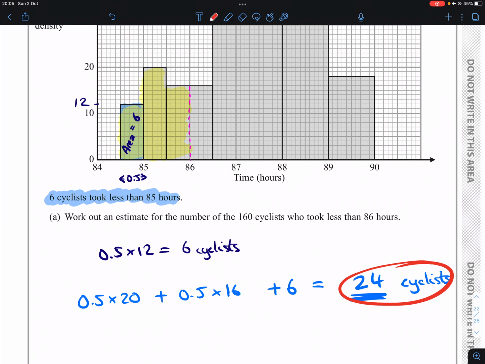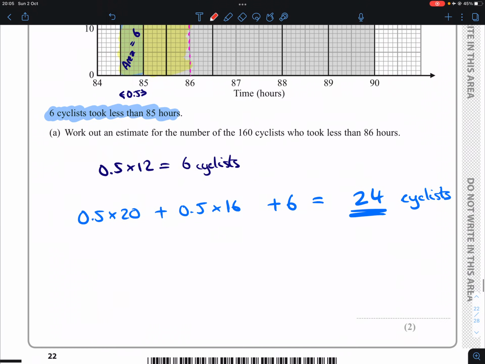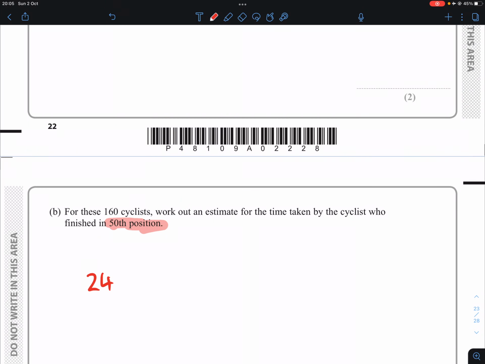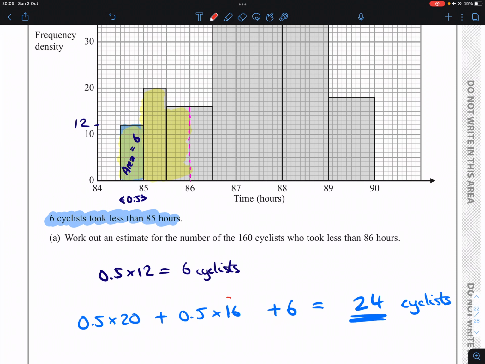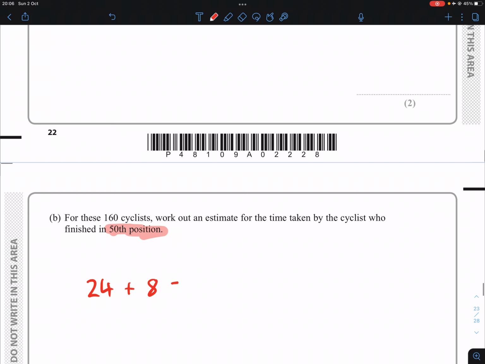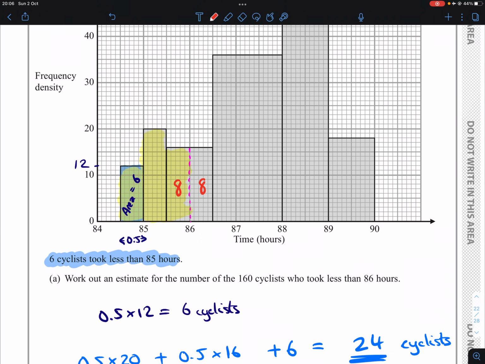We have 24 cyclists based on what we've shaded so far. So if we keep going with that 24, I can add another 0.5 times 16 for this bit. So that's 8. We add 8, that takes us up to 32. So the 32nd cyclist would have finished with a time of 86.5.